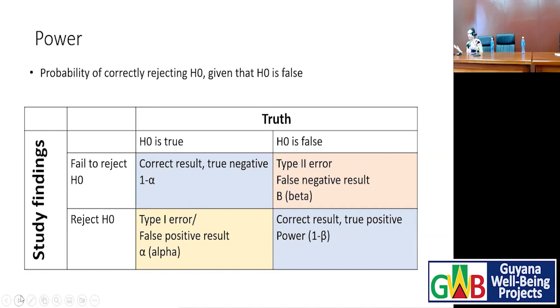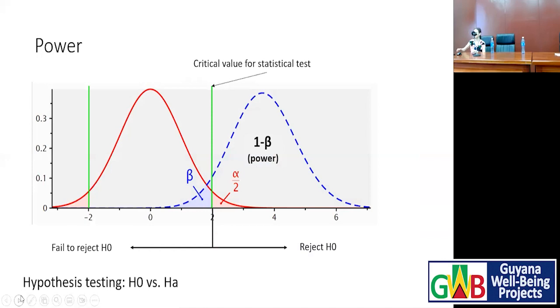This is the quantity we're calculating. It's how probable it is that our study would find the correct results in the event that our null hypothesis is actually false.